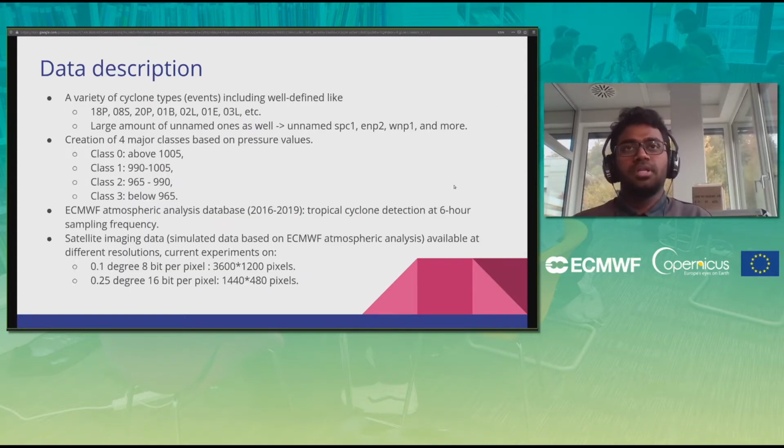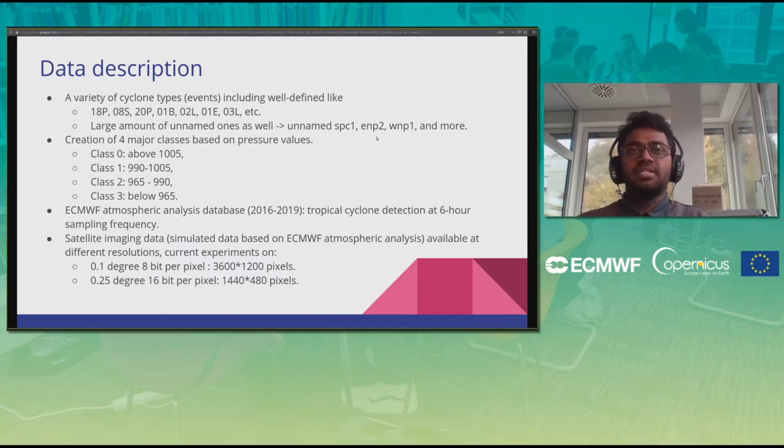The data that we have is divided into different types of cyclones. Initially, it was divided into types called 18B, 08S, which are based on the area where the cyclone is observed. We also had a large number of unnamed ones, like unnamed SPC1, unnamed ENP2, and so on.